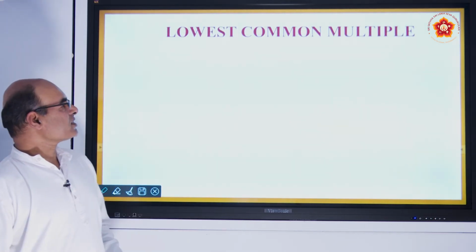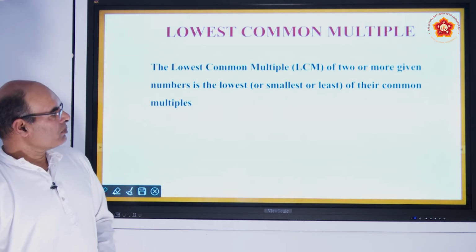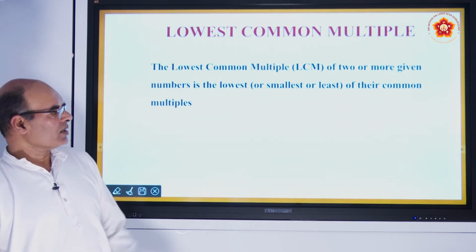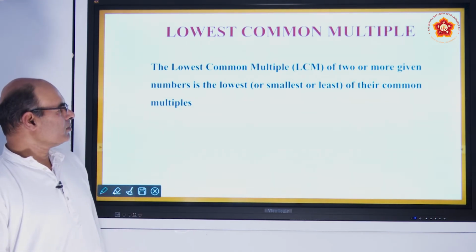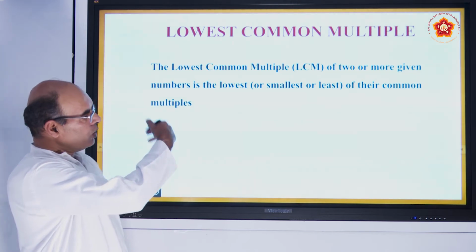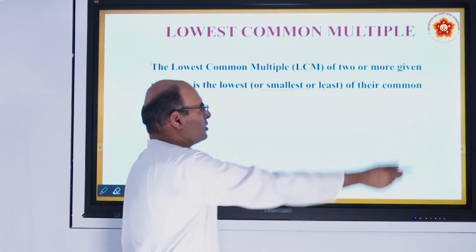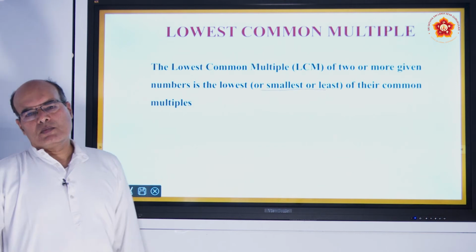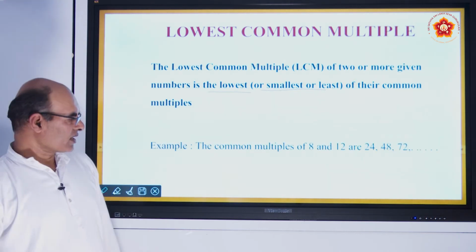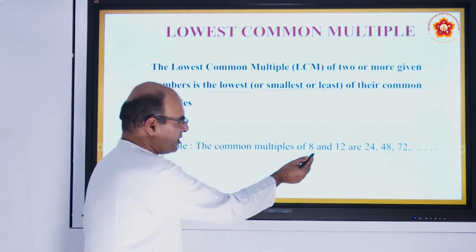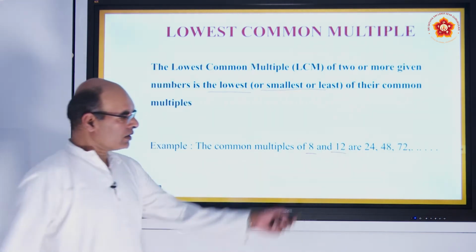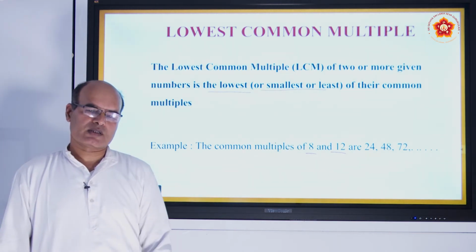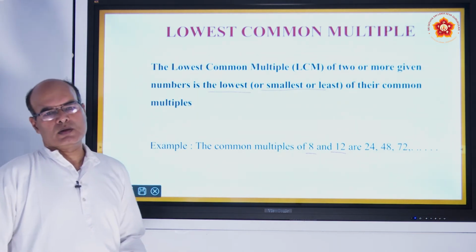So understand the definition. The lowest common multiple, that means LCM of 2 or more given numbers, is the lowest, or you can call smallest or least, of their common multiples. For the last example, the common multiples of 8 and 12 are 24, 48, 72 and so on.